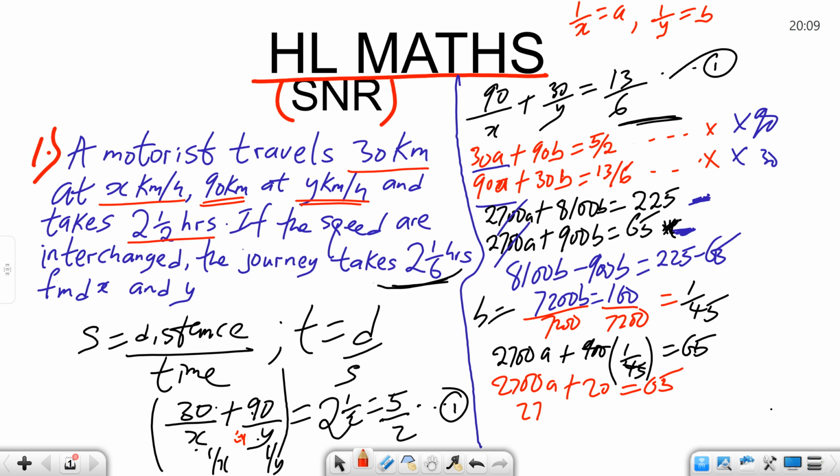Then 2700a will be equal to 65 minus 20, which gives 45. So the value of a will be 45 divided by 2700, which can be reduced to 1 over 60. So I have a value for a and b.